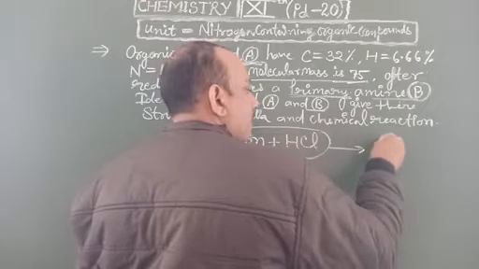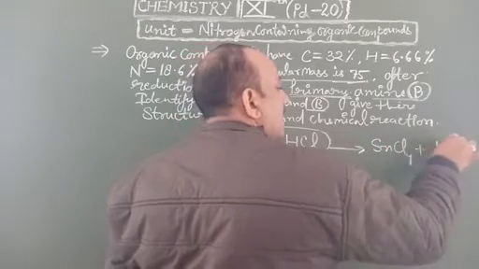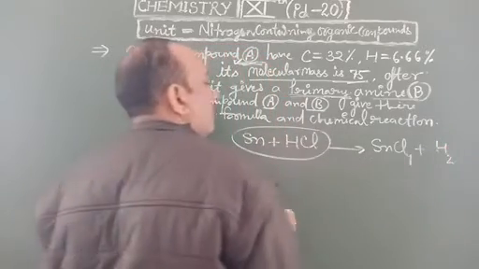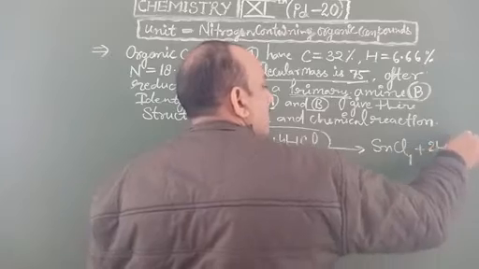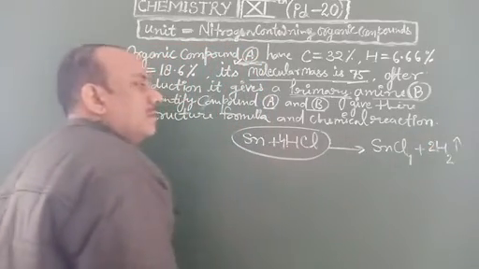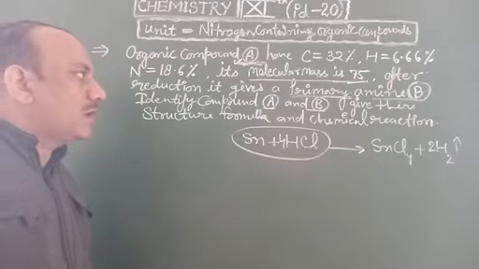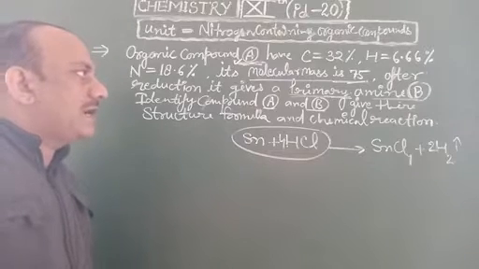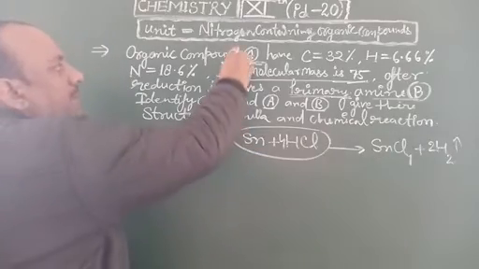It makes SnCl4 and nascent hydrogen. So in this question we take nascent hydrogen for the reduction of compound A.